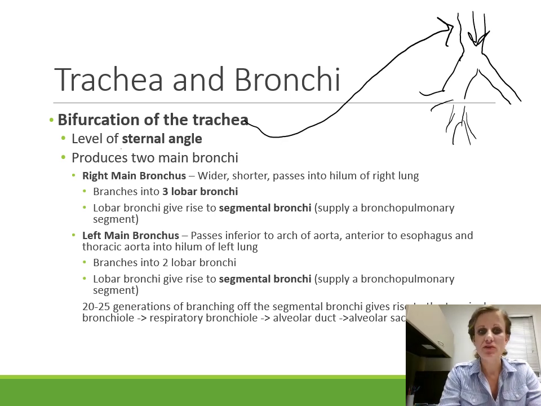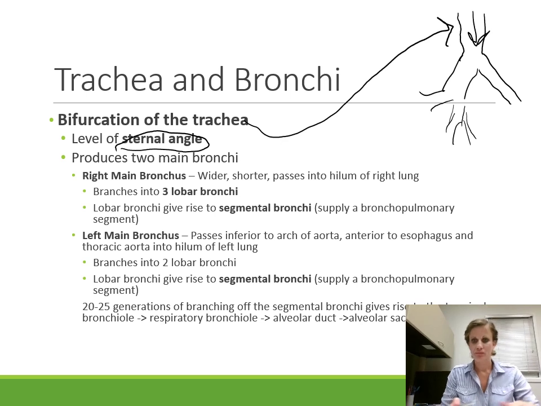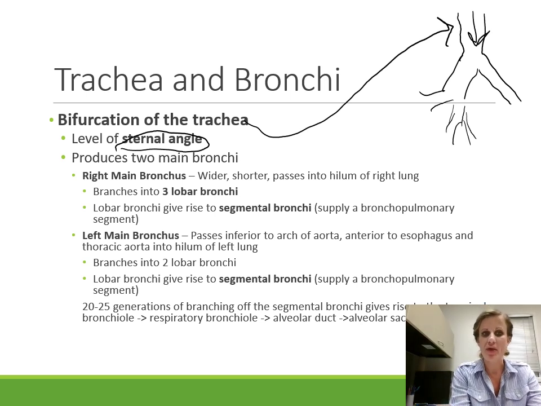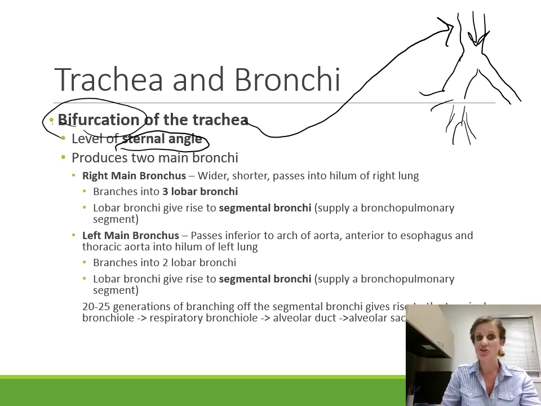At the level of the sternal angle, so the anterior ridge between the manubrium and the body of the sternum, is where we have what's called bifurcation of the trachea. Bi meaning two.